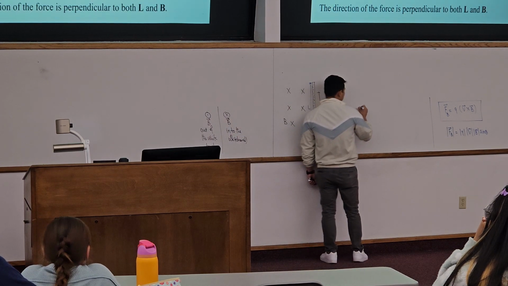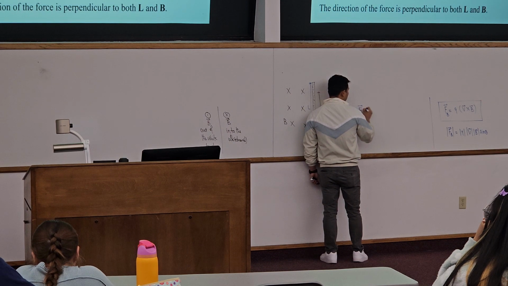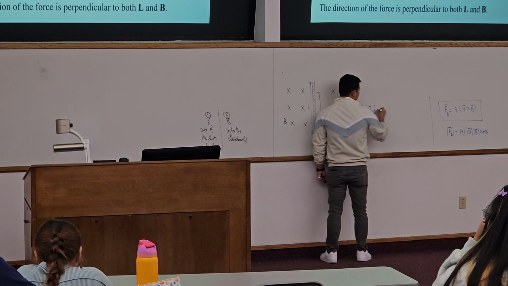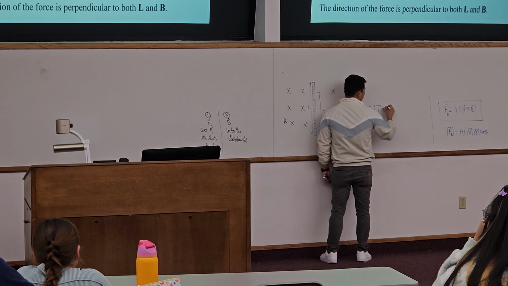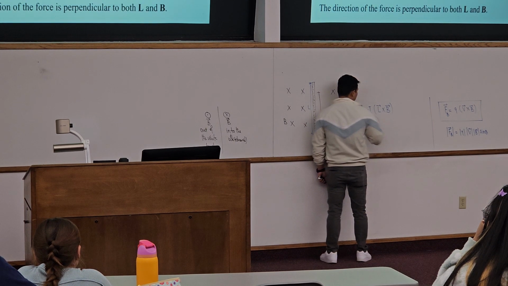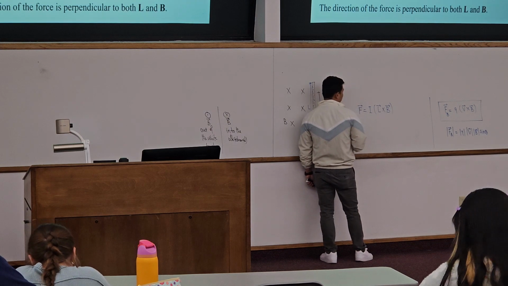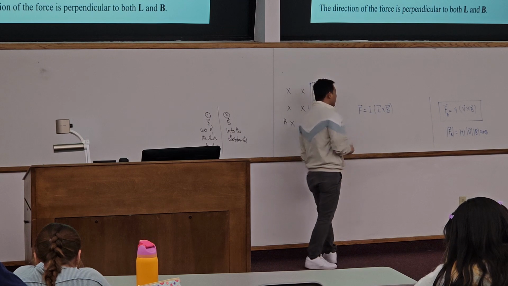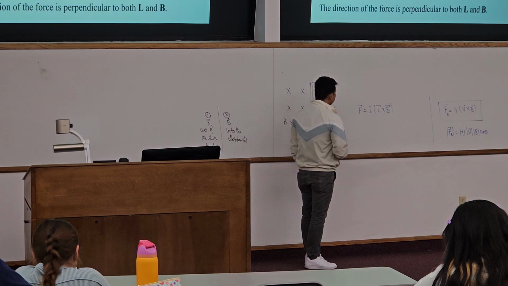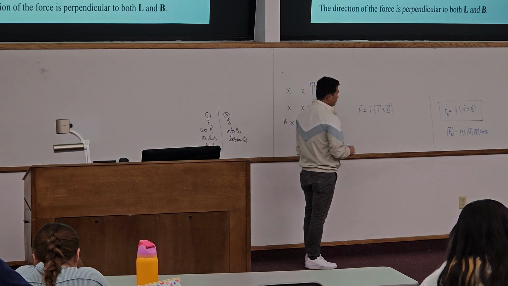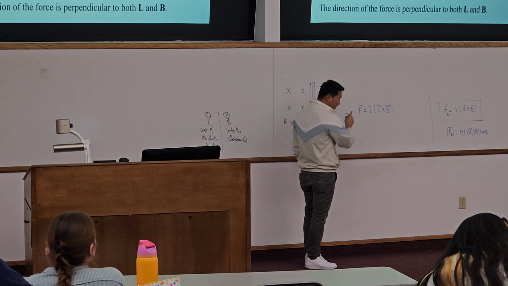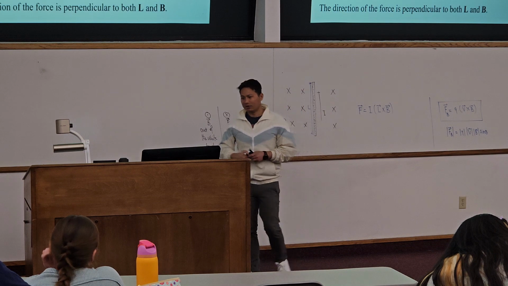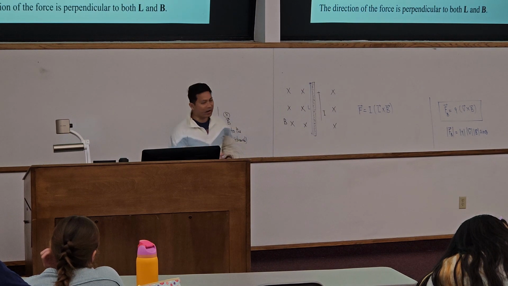Force is given by I L cross B. This is the formula for the force. The force experienced by a current carrying wire is given by this formula. We can derive this formula, it's not that difficult, but for time being, I just skip that part.